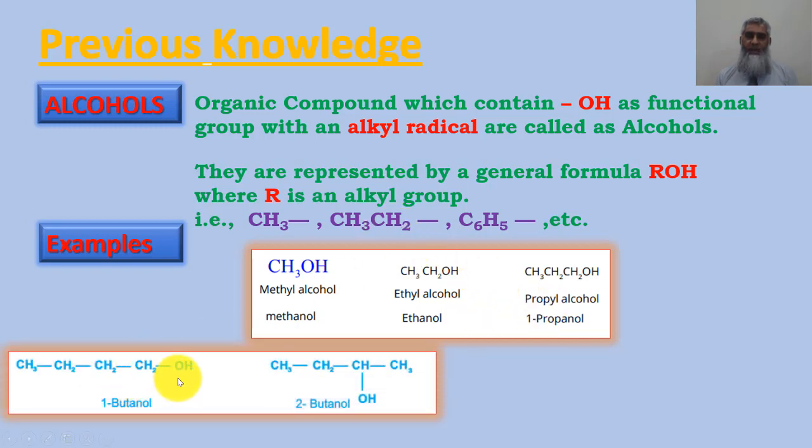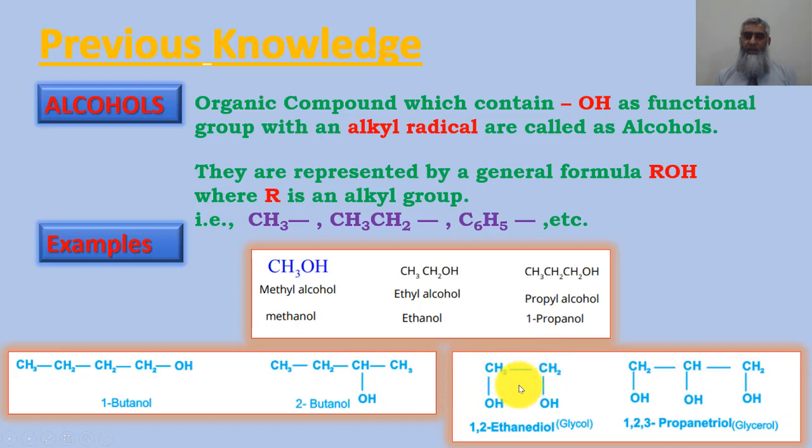Alcohols may contain one OH group as a functional group called as monohydric alcohols like butanol containing 4 carbon atoms. It is the OH group present at first carbon atom, so it is called as 1-butanol, and if the OH group is present on second carbon atom, it is called as 2-butanol. It is primary alcohol, it is secondary alcohol.